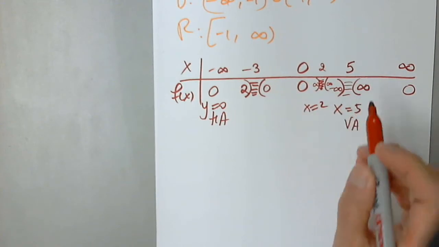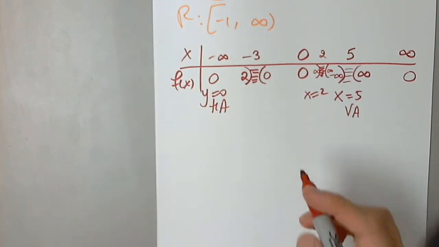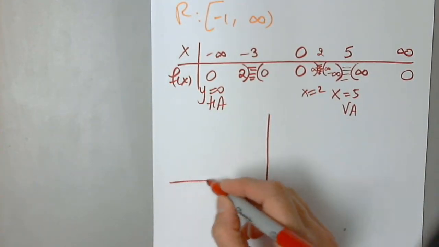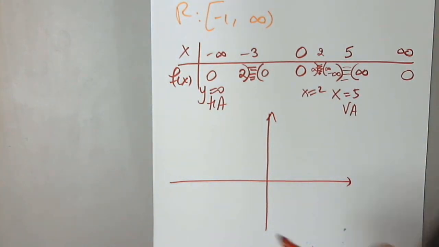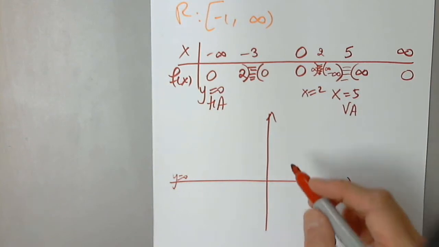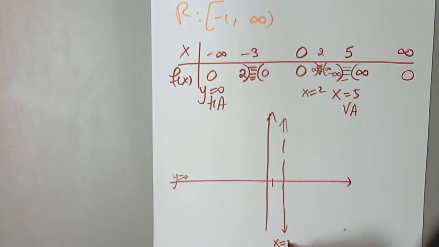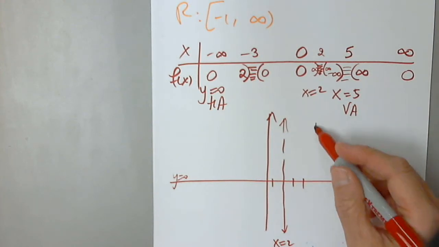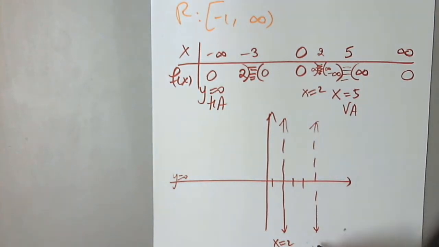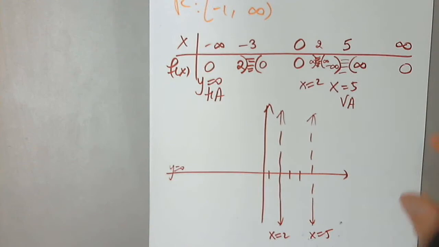So x equals 2 is a vertical asymptote, x equals 5 is a vertical asymptote, and I'm going to come up with my suggestion. This is y equals 0, this is x equals 2, the vertical asymptote, 3, 4, 5, x equals 5. I put both asymptotes in there.